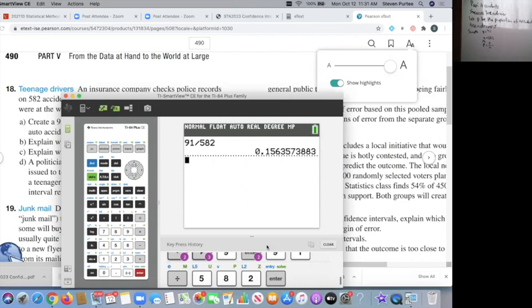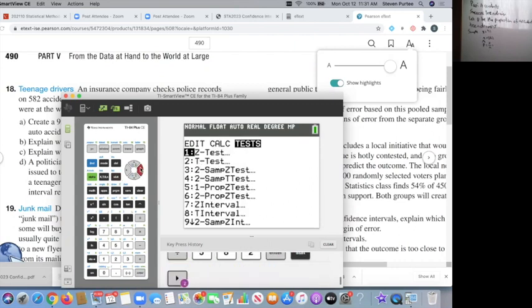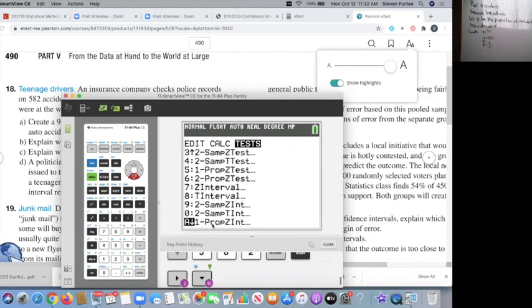We want to make a prediction about all accidents. So we're going to go into stat, over to tests, and down to A, 1 prop interval. We know we're doing prop because we're doing a proportion problem. We know we're doing interval because it says create an interval.